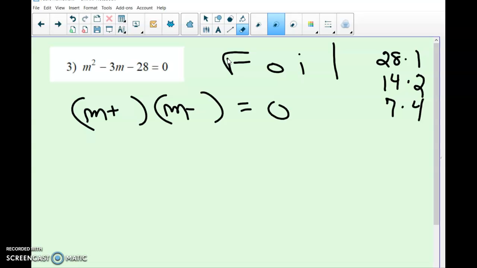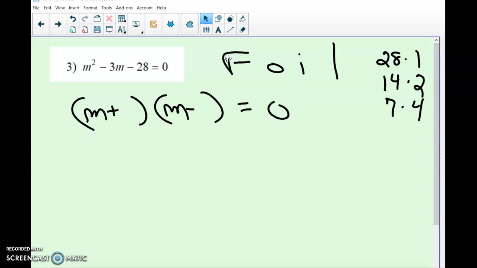I'm looking for the difference to get that middle term. So let's think about it. 28 minus 1, 27. 14 minus 2, 12. 7 minus 4, that's 3.